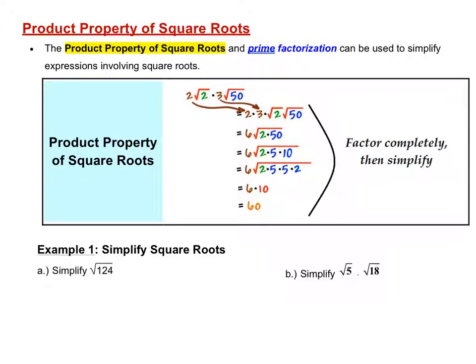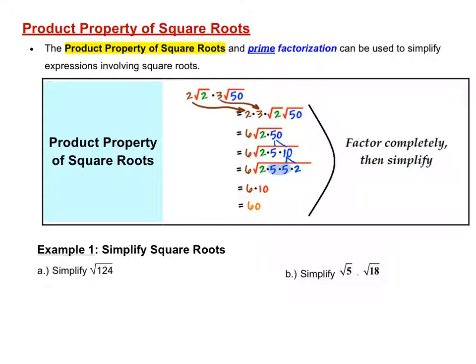We can use prime factorization to break down 50 into 5 and 10, and then further break down the 10 into 5 and 2. So we end up with 2 times 5 times 5 times 2 under the radical, and we see that we have a pair.